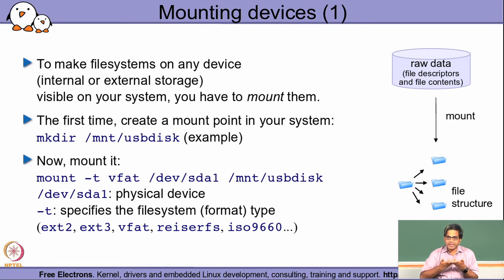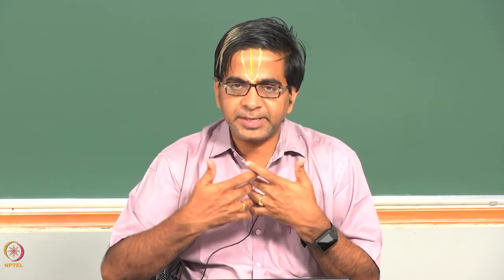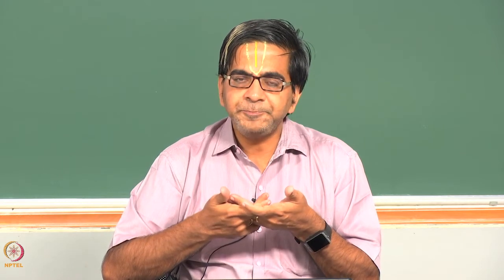As long as I create it on the disk and not, let us say, under my /tmp directory, because anything that is created under the /tmp directory will not be available to you across reboots. So, as long as I do not create my mount point under /tmp, the mount point creation with the mkdir command is typically an activity that will be done only once, right.